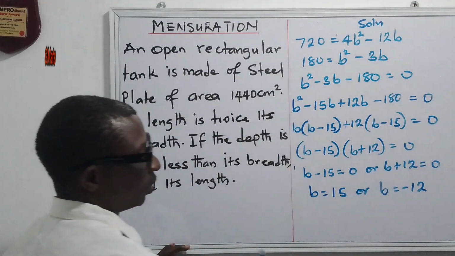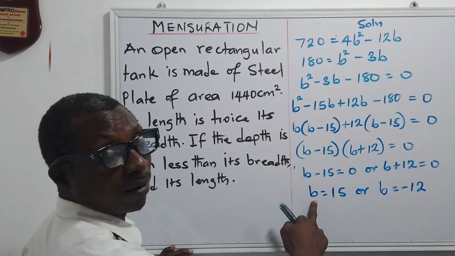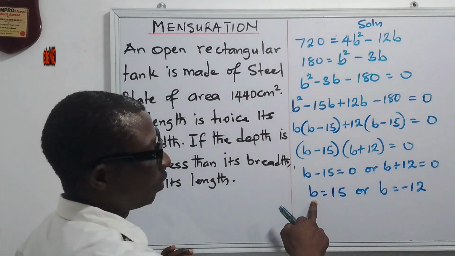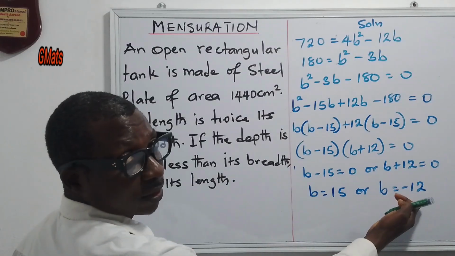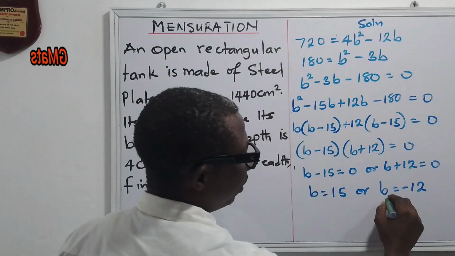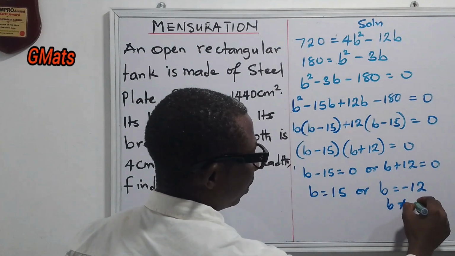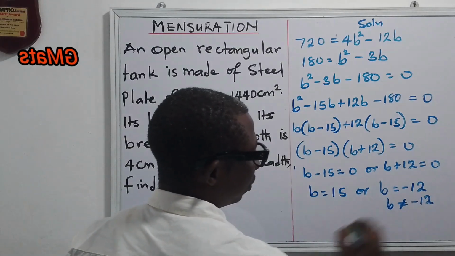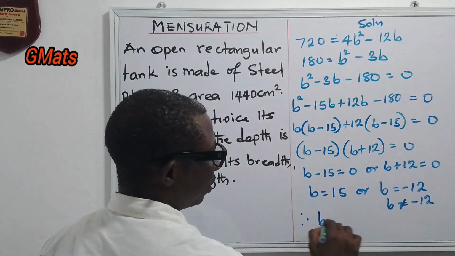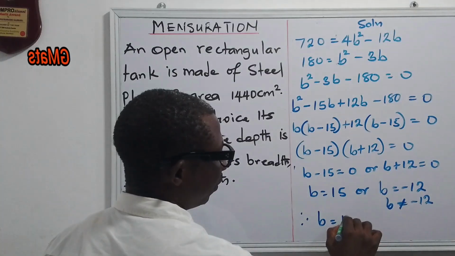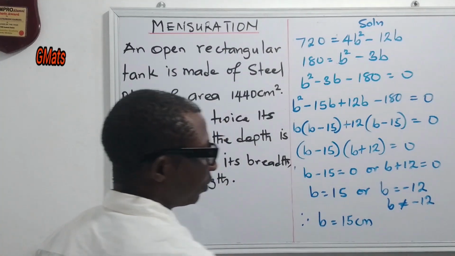Now we have represented our breadth with B. The breadth cannot be negative, so B is not equal to negative 12. Therefore, the breadth is 15 centimeters.